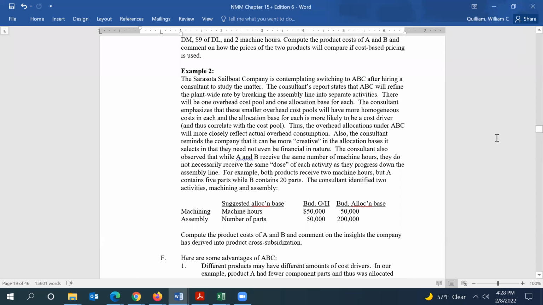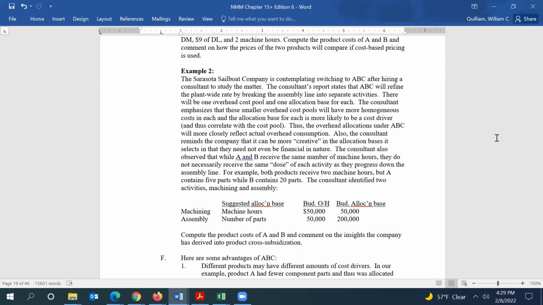To example 2. So now the Sarasota Sailboat Company is contemplating switching to ABC after hiring a consultant to study the matter. The consultant's report states ABC will refine the plant-wide rate by breaking the assembly line into separate activities. Therefore, there will be one overhead cost pool and one allocation base for each activity.